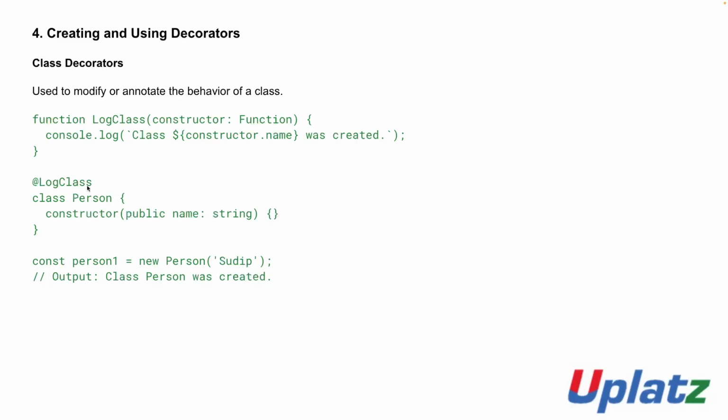At logClass, here logClass, at logClass, class Person, constructor, public name of type string.